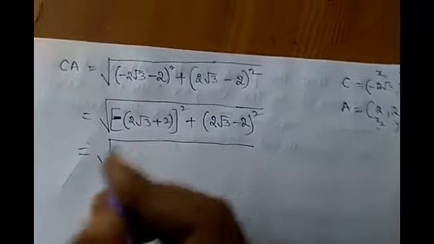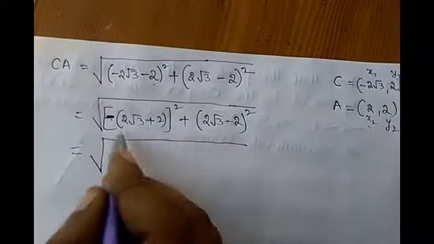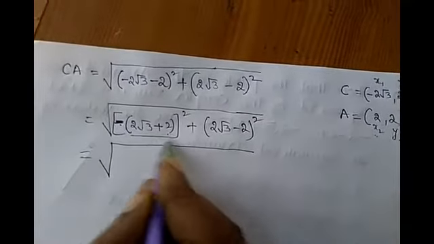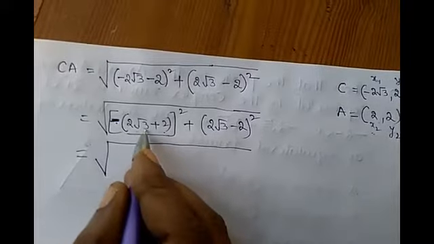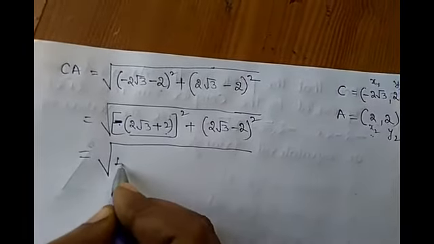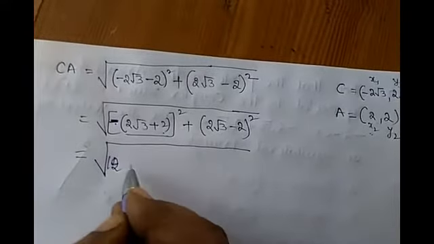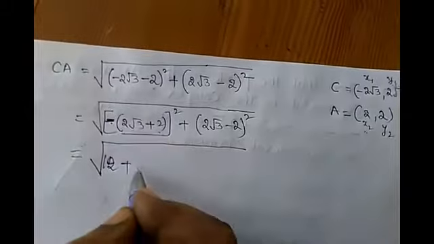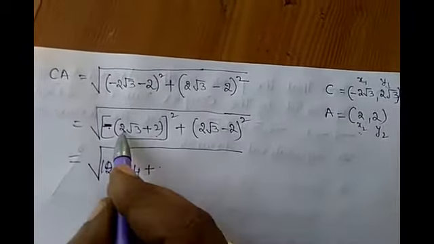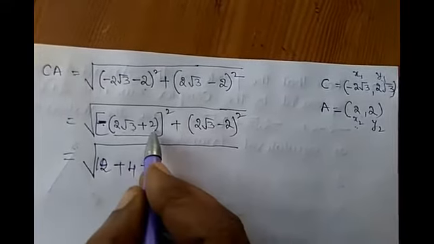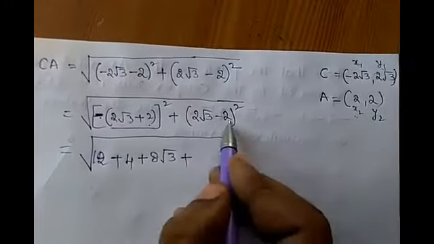square root of, minus square gives positive. So 2, now apply a plus b whole square for this only. A square means 2 root 3 whole square means 4 into 3, 12, plus b square, 2 square, 4, plus 2ab, 2 into 2 root 3, 4 root 3 into 2, 8 root 3, plus apply a minus b whole square.